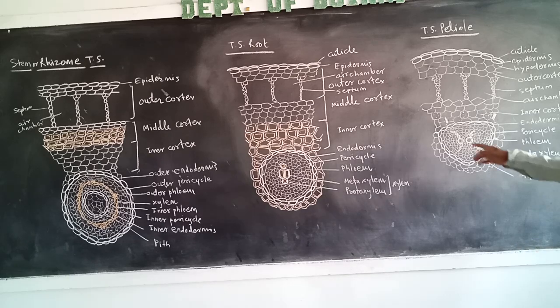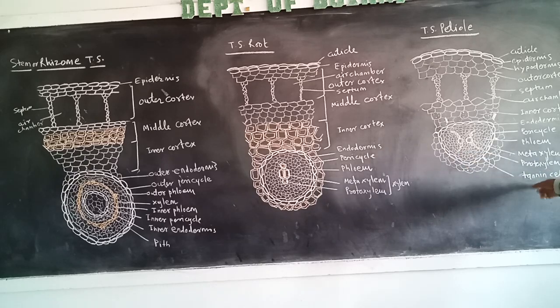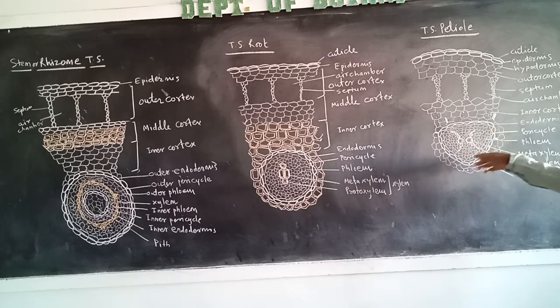Inner to the endodermis, a single-layered pericycle is present, and in the center V-shaped xylem is present with arm-like structures. In the center of each arm there is metaxylem, and towards the tip of the arm protoxylem, and the xylem is surrounded by phloem. This is about the TS of petiole.